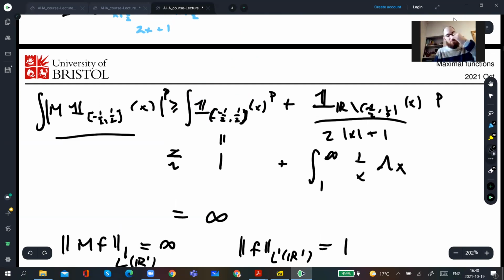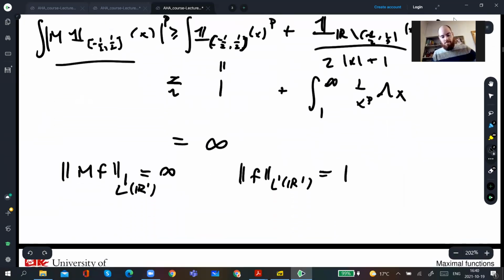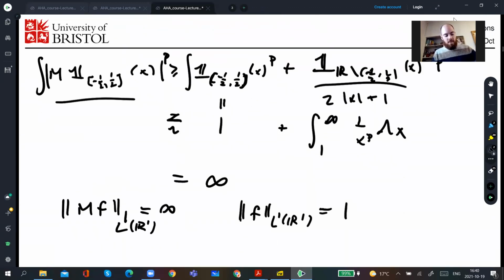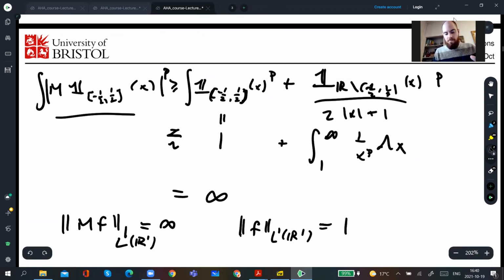I can take the p norms of the two different functions because they have disjoint support. Again, this is norm 1. And now this is a function like the integral from 1 to infinity of x to the minus p, which we know has a finite integral, which is great. Okay, so that's not a counterexample when p is greater than 1, but it does show that the theorem is sharp when p is equal to 1.